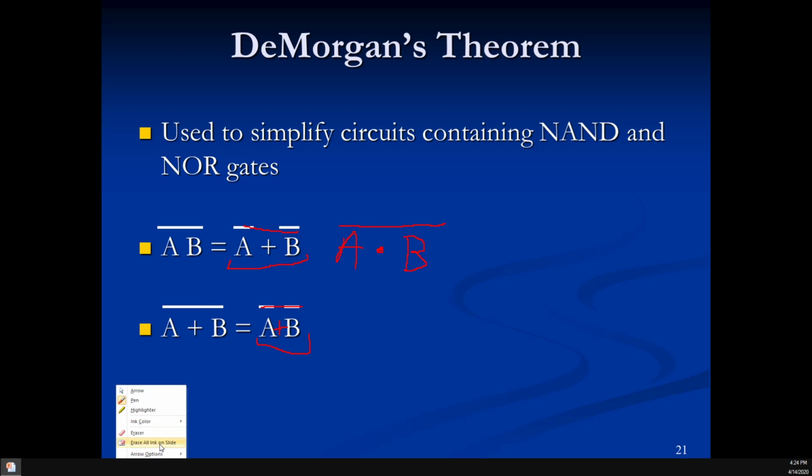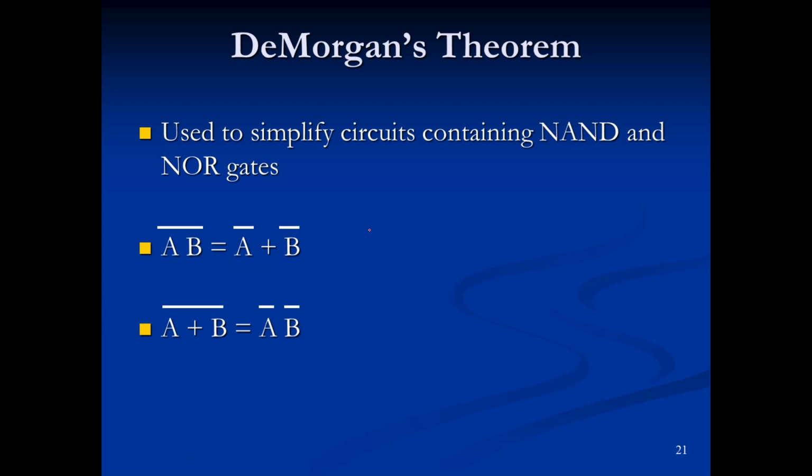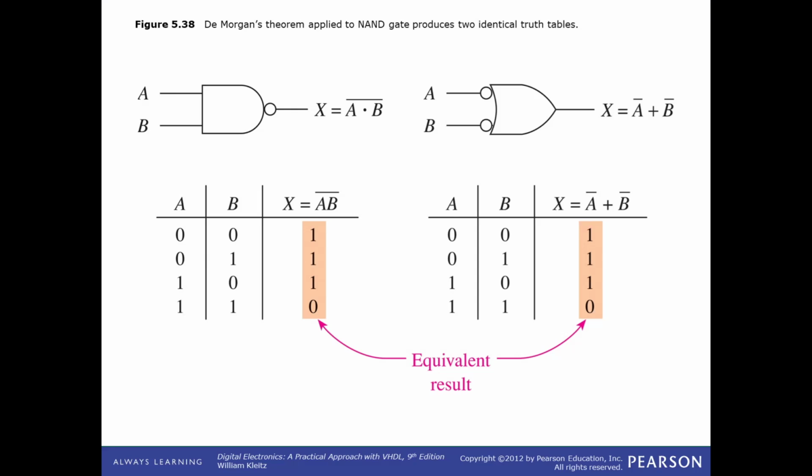So two steps, going either way. Two steps are inverting the sign between the two. ORs go to ANDs, ANDs go to ORs, and either joining or breaking up the bar, whatever is the opposite. So going from a solid bar to a broken bar, or a broken bar to a solid bar.